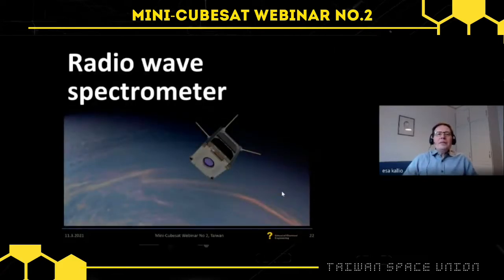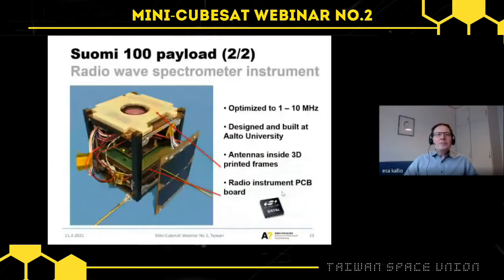Then the radio wave spectrometer, another instrument. As I mentioned, there is this 3D printed peak, and there you can see antennas. Then you can see the PCB board, and it is designed and built at Aalto University.